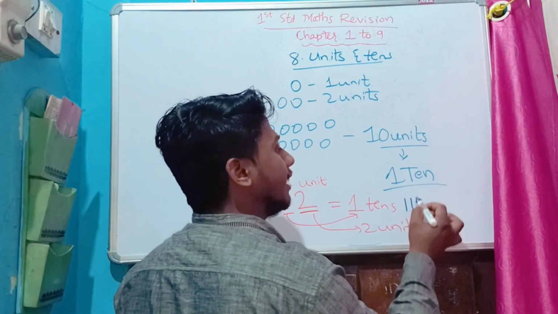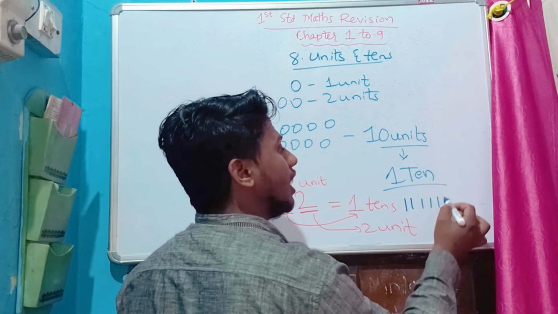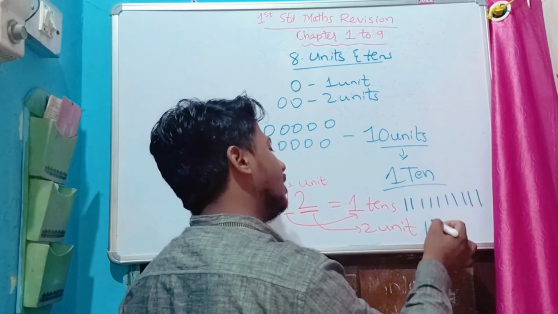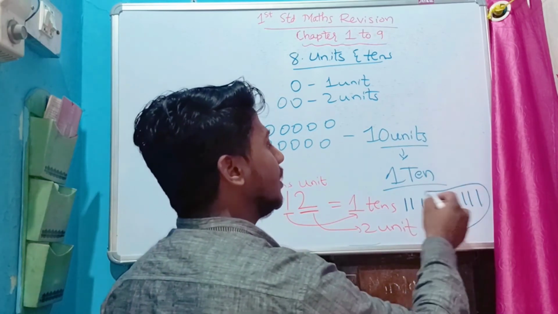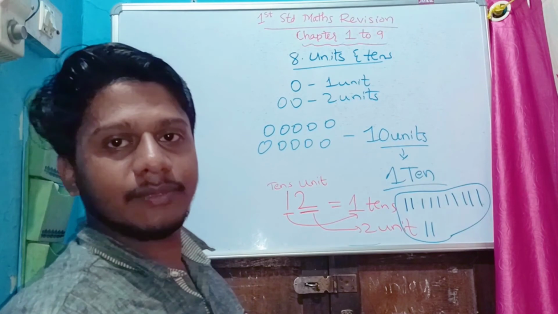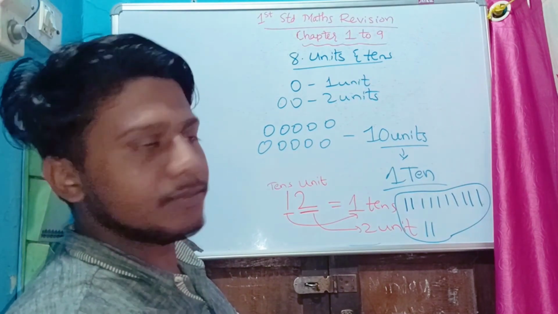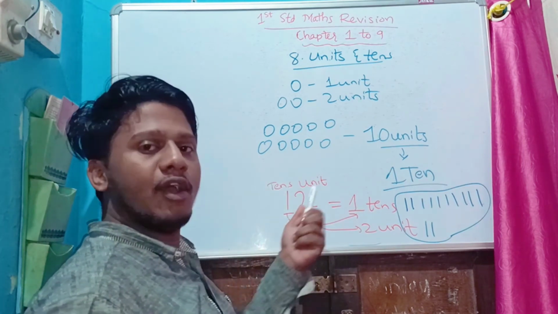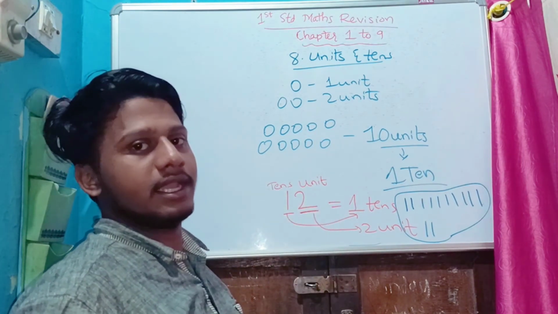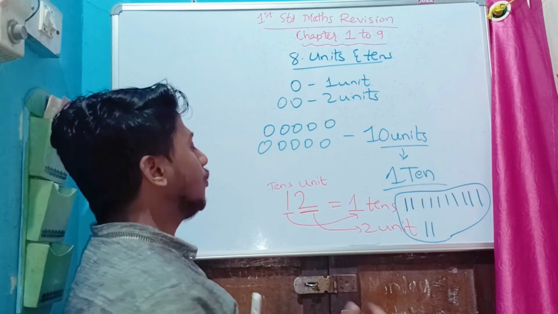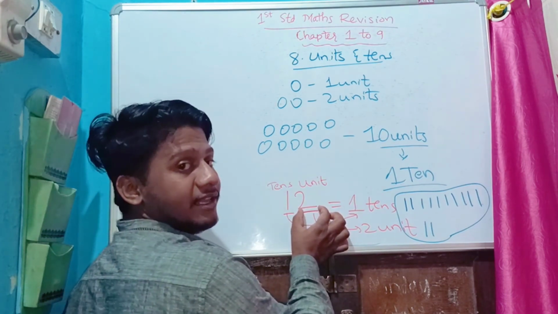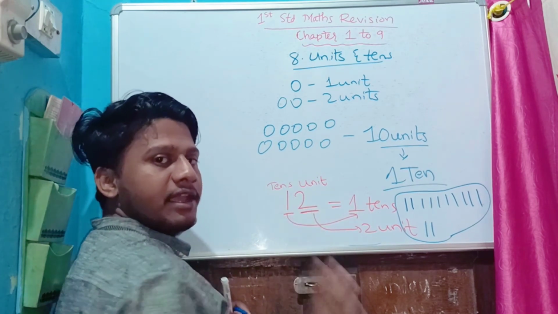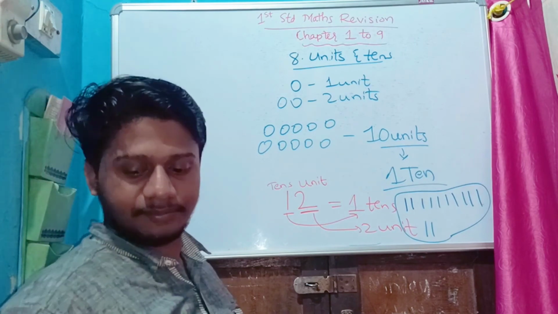So you have to consider 10. 1, 2, 3, 4, 5, 6, 7, 8, 9, 10. 2 units means 2 objects. 1, 2. So this combined is how much? 12 objects. Yes, I hope I'm clear with this. So only thing you should remember is how many tens, how many units. Clear with this? So always this digit will represent the number of units and this digit will represent the number of tens. Clear with this? Okay.